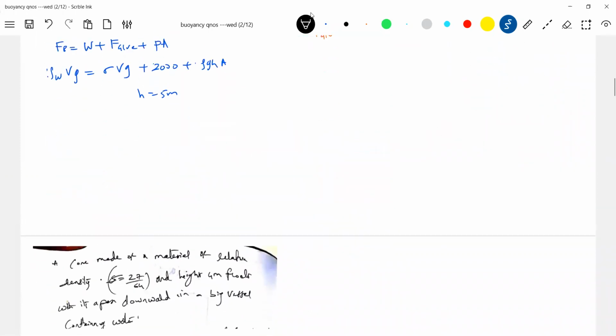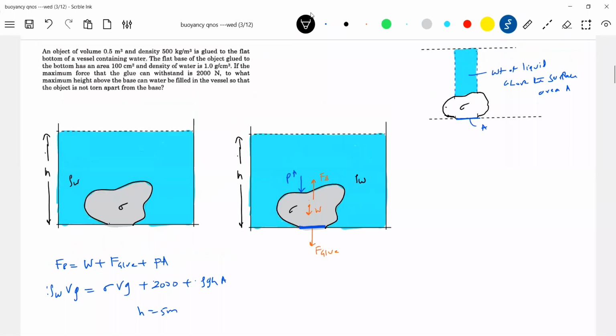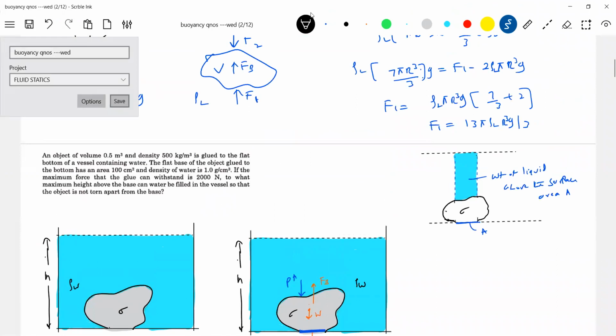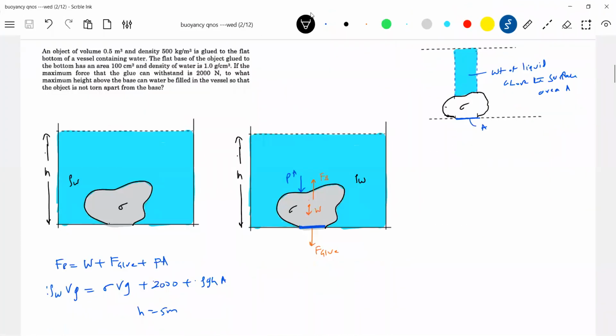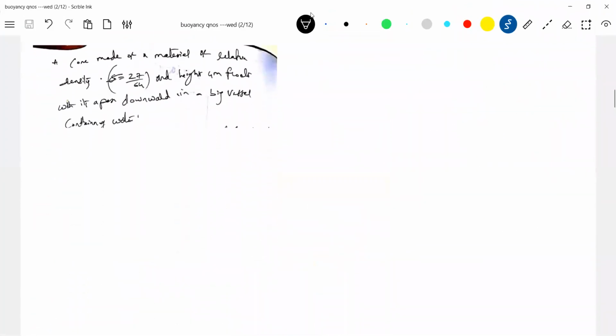Okay, we'll take the next one. Almost maximum diagram-based questions today I took. Okay, we have a cone here.